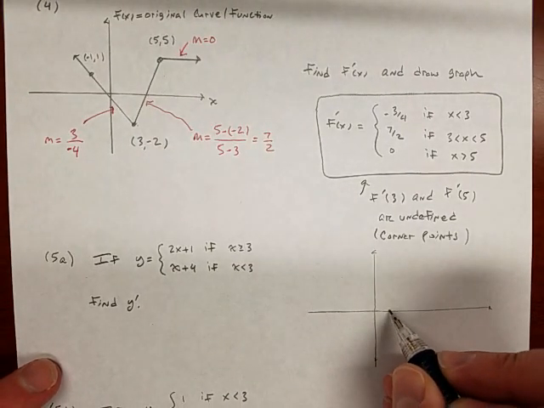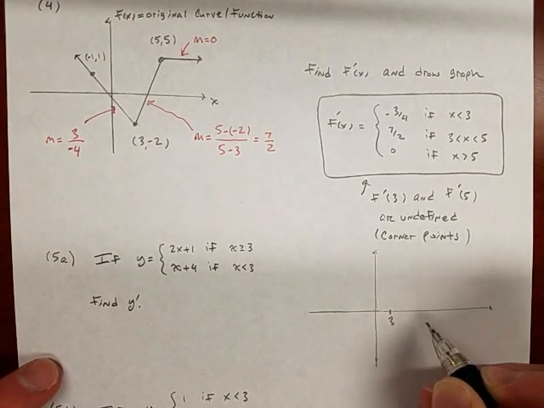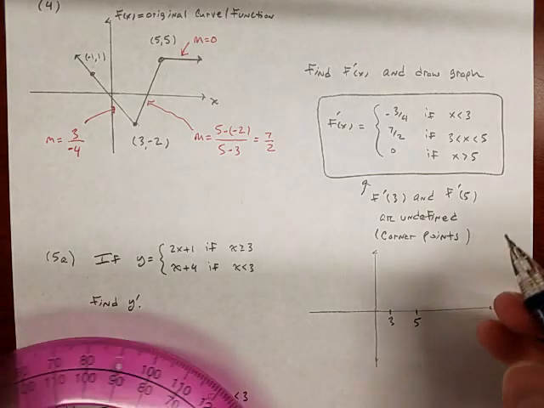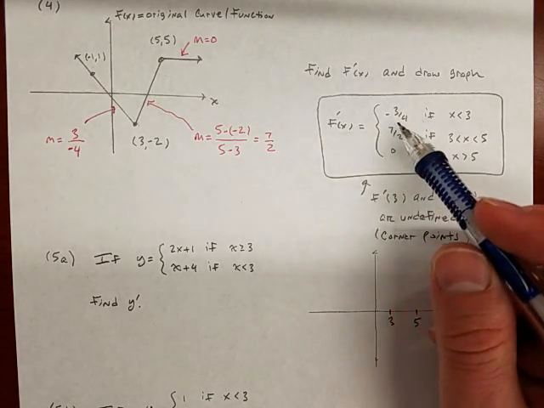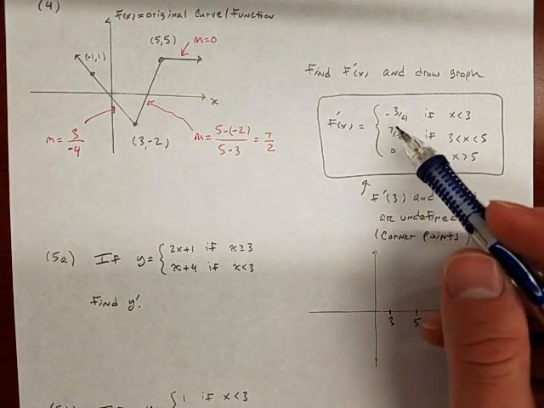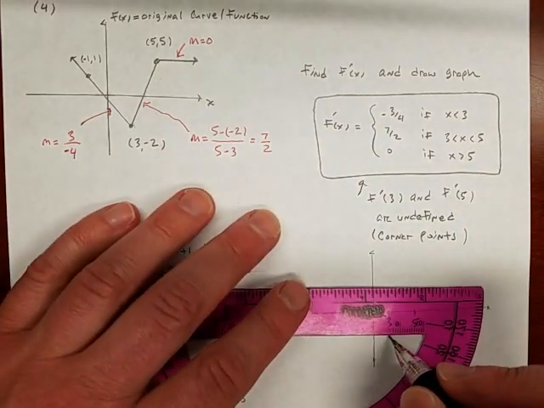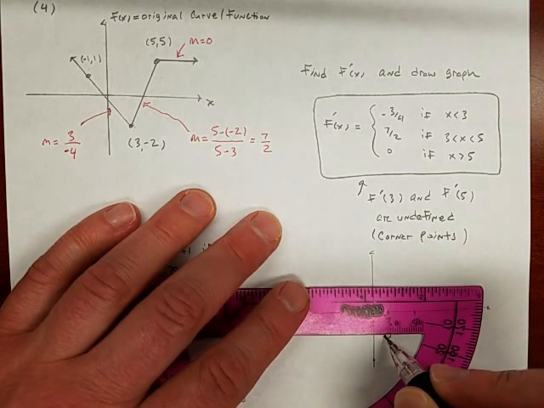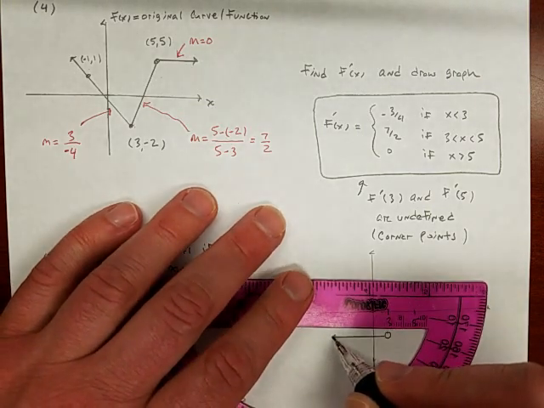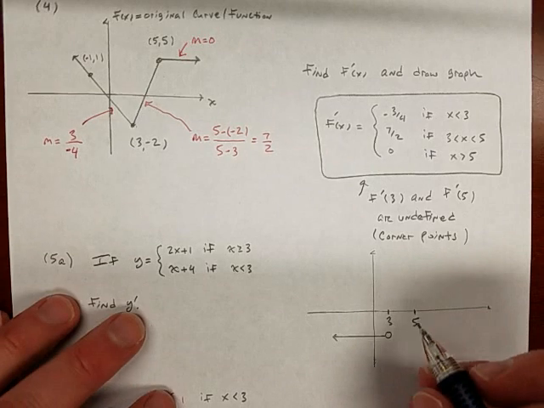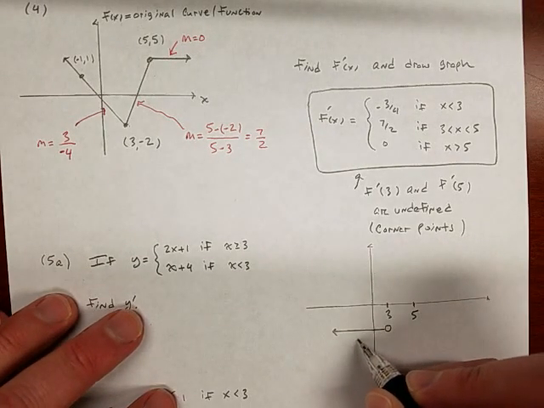We'll say let's say that's 3 and that's 5. It doesn't have to be to scale, okay? So if you're less than 3, f prime, what you get out of that's negative 3/4. So we could put an open point there and then like that, okay? Well, we're going to say, even though this isn't to scale, that's a negative 0.75.